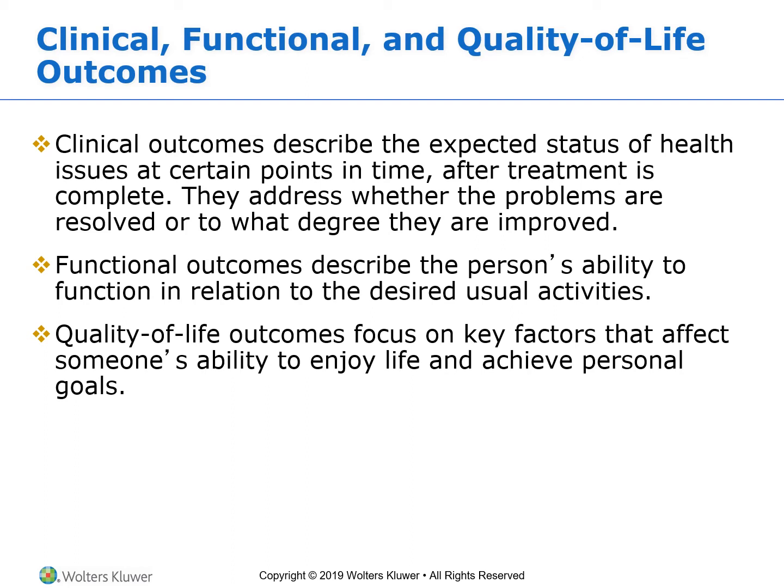And they help us address whether the problems are resolved or to what degree they are improved. Functional outcomes describe the person's ability to function in relation to the desired usual outcomes. So how am I functioning now in regards to what my desired usual activity is? And then the quality of life, which again focuses on key factors that affect somebody's ability to enjoy life and achieve those personal goals.